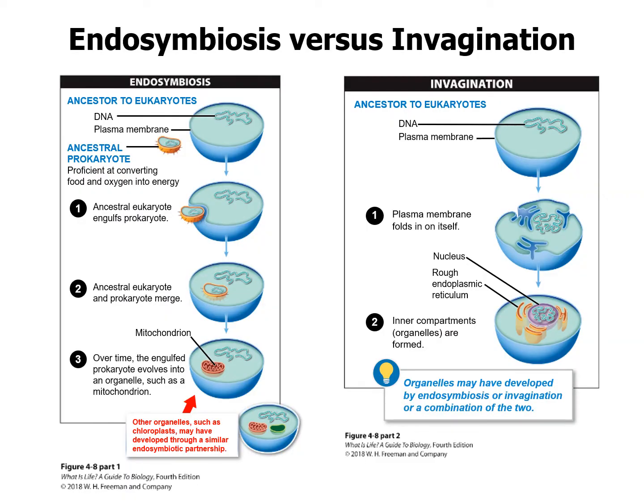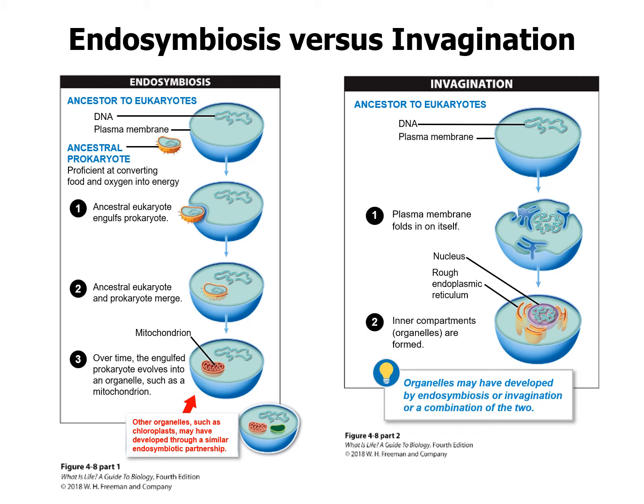We need to talk about invagination next. Endosymbiosis is that theory of how mitochondria and chloroplast evolved in eukaryotic cells. Invagination, a similar theory, is also how the origin of other organelles in eukaryotes came about.